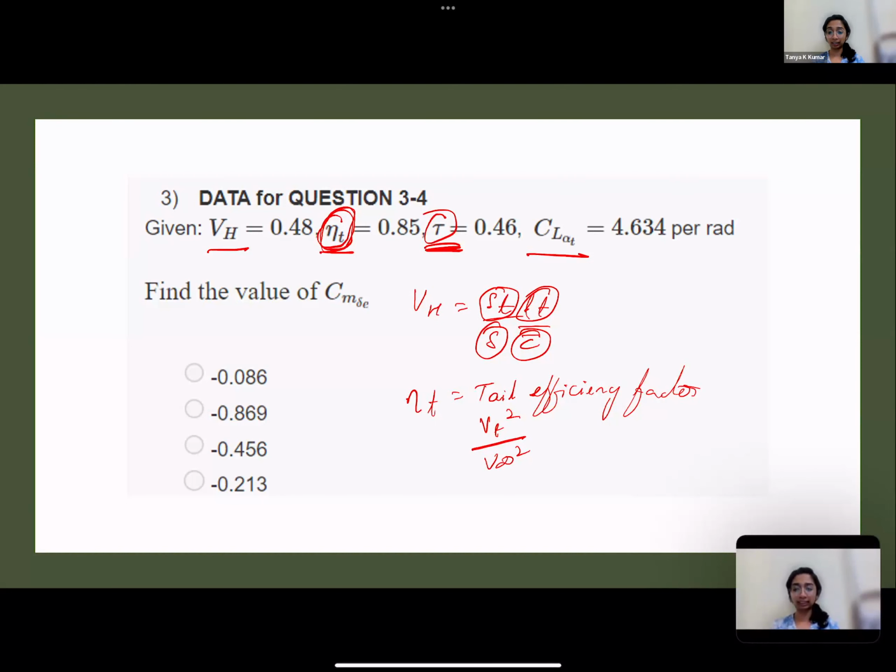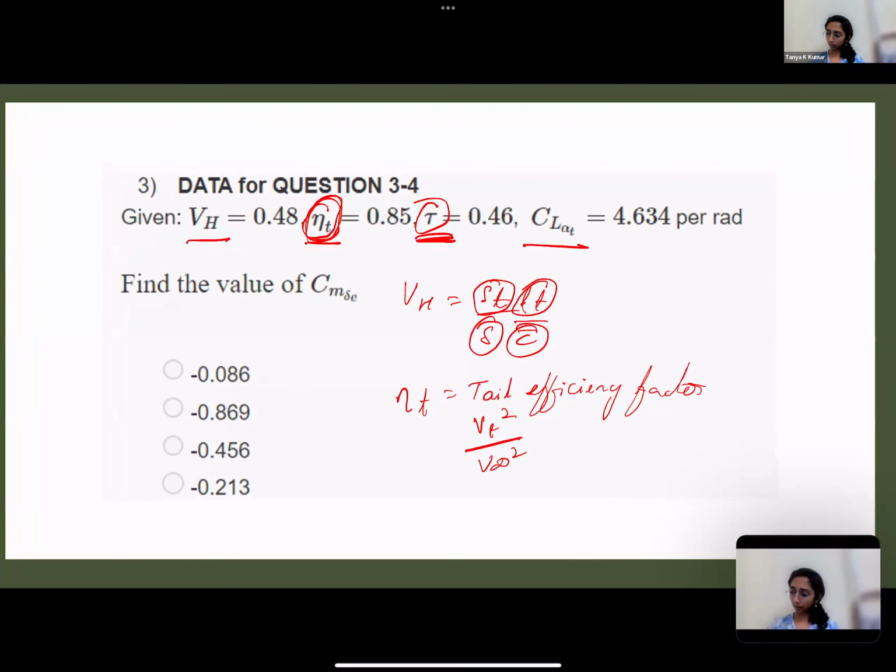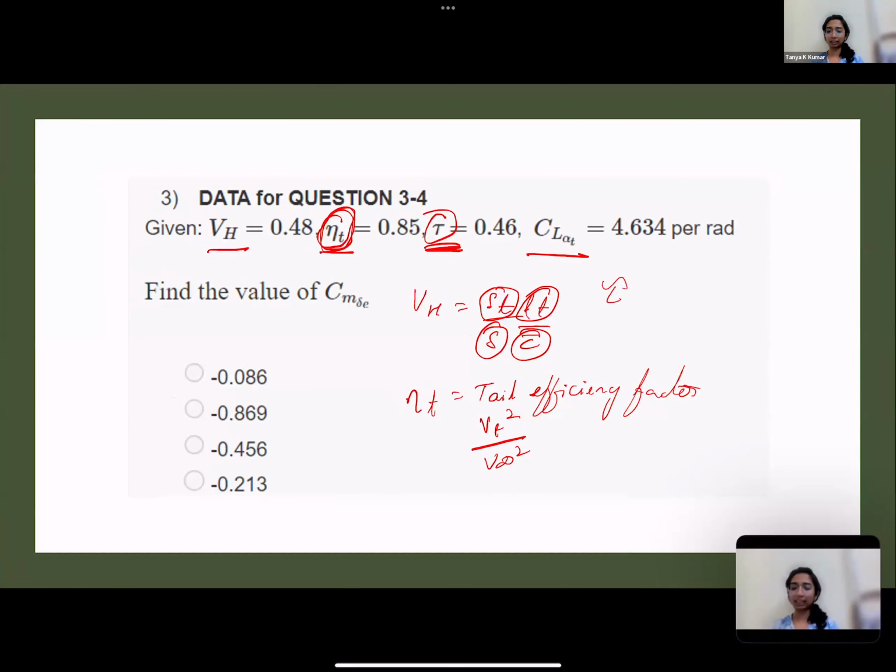In this case, it's the elevator, so the elevator effectiveness parameter. That is tau. Okay. What is CL alpha T?